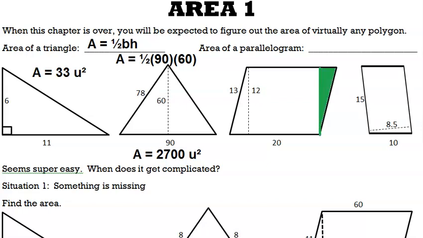I'm going to take this piece. If you took that green piece and you picked it up and you moved it to the other side, let's get rid of this and I'll show you what I mean, you would end up getting just a regular rectangle.